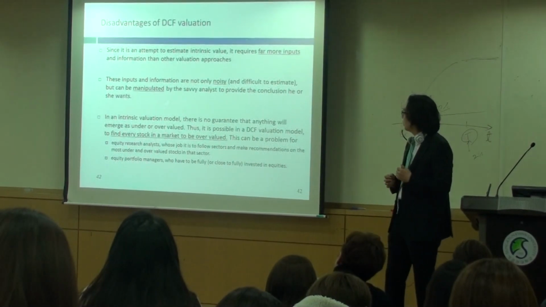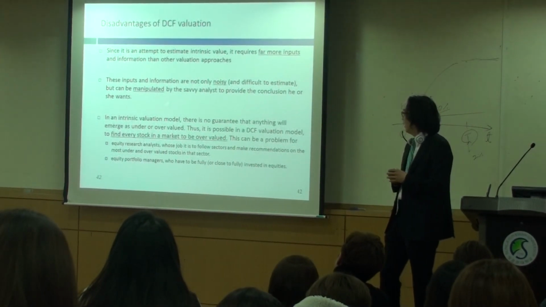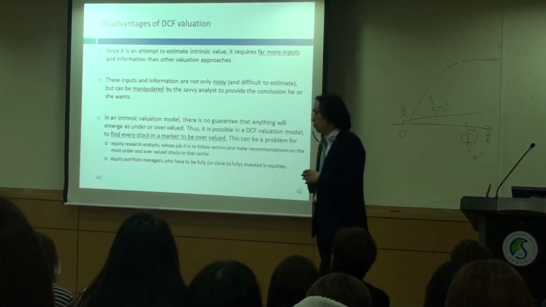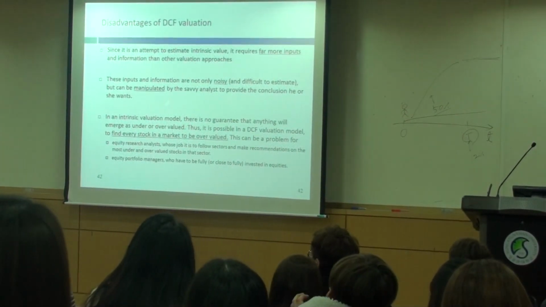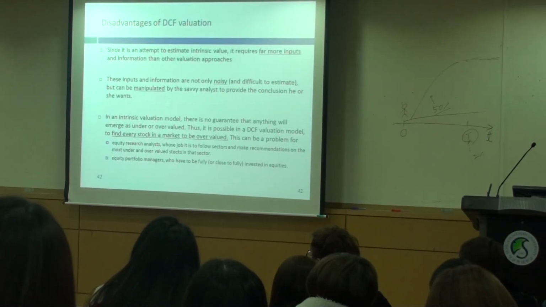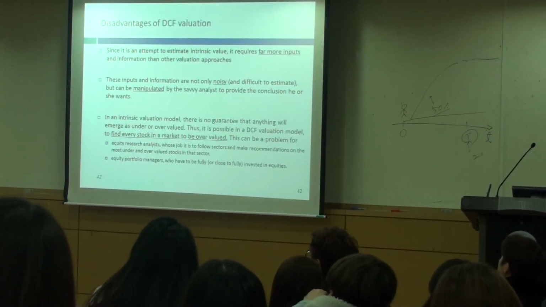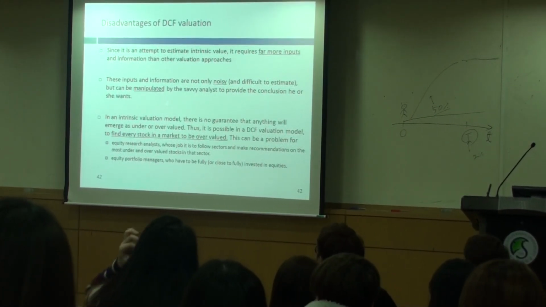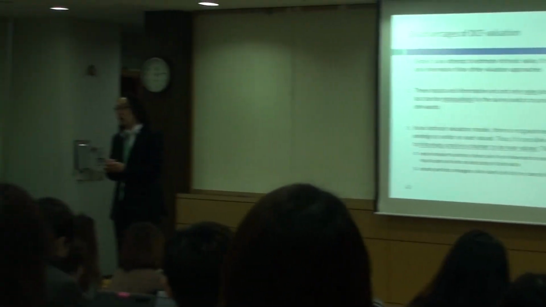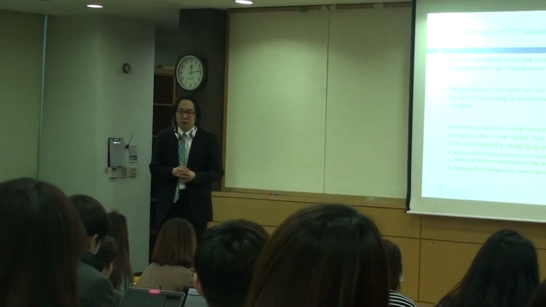It is also a problem for equity portfolio managers who have to be fully invested in equities. If you're a Warren Buffett kind of guy, and the market is in too much of a bubble, then you can recommend selling all those stocks. But if you're hedge fund managers or mutual fund managers, you have to hold some stock anyway, right?